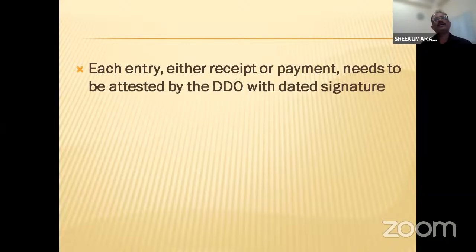It cannot be done on the next day. It has got some importance from the vigilance angle also. Each entry has to be signed with the dated signature. Not a single entry should be missed without the signature of the DDO.